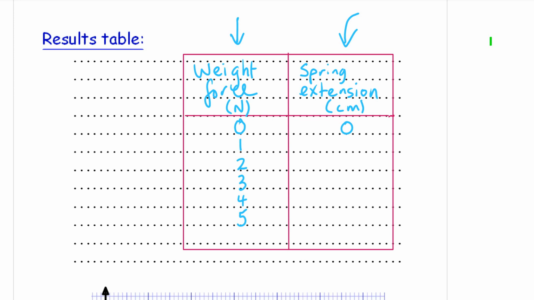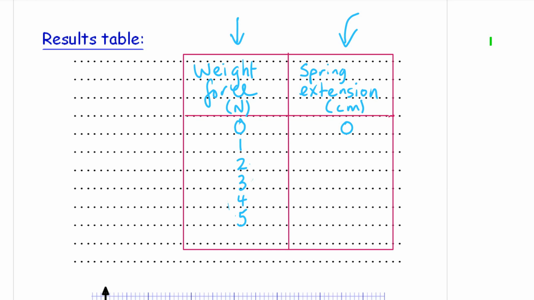So if you were to write this down in your method, the range of results for weight force would be from 0 to 5. Whereas the interval would be you are increasing the interval by 1 every time. So the range was 0 to 5 and the interval is 1 Newton.